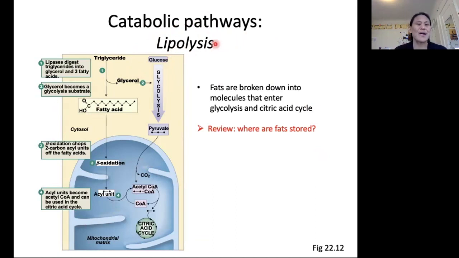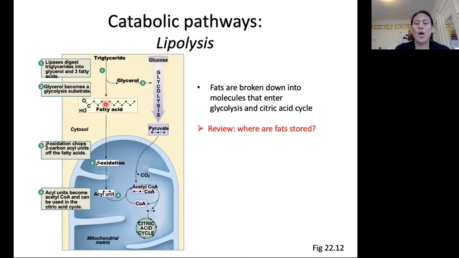But basically, remember our fats, most of our fats are triglycerides. That's the state that they're stored in. We have enzymes called lipases that are going to break those down into our component parts, glycerol and our fatty acid tails. Glycerol can enter glycolysis.